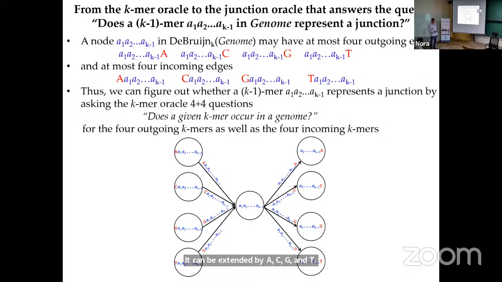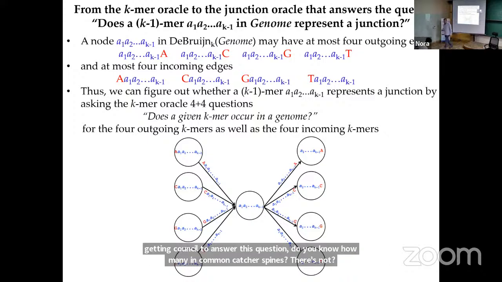And therefore, we can figure out whether a k minus one mer represents a junction by asking 4 questions: whether this k-mer belongs to the genome, this k-mer belongs to the genome, this k-mer belongs to the genome, and this k-mer belongs to the genome. After getting answers to all these questions, we will know how many incoming edges are in this node. And the same for outgoing edges.